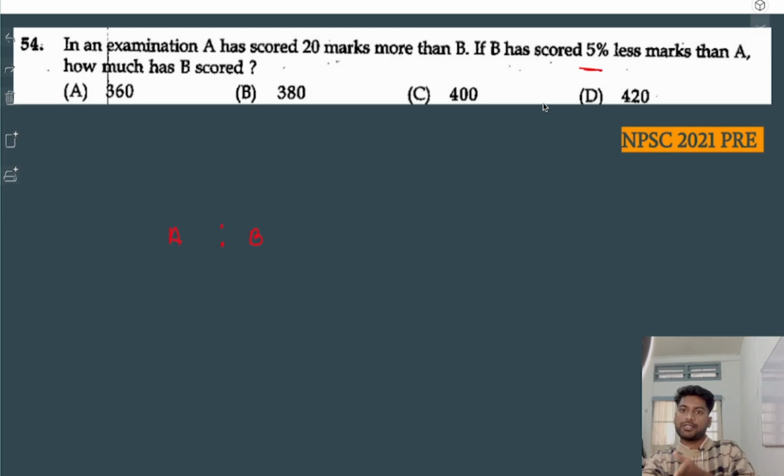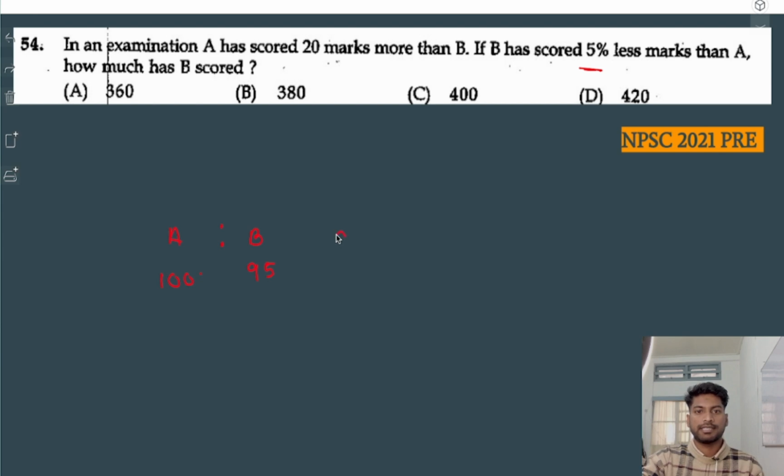B has scored 5% less. So suppose A is scoring 100, so B has to score 95. Why? Because B is scoring 5% less. That's why we wrote 95. This is in percentage, or you can say in ratio.